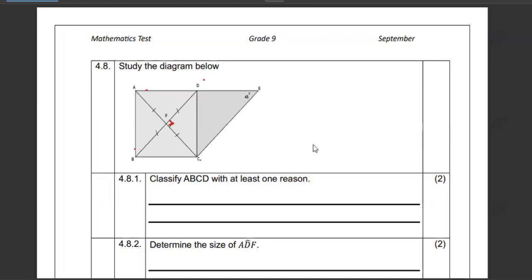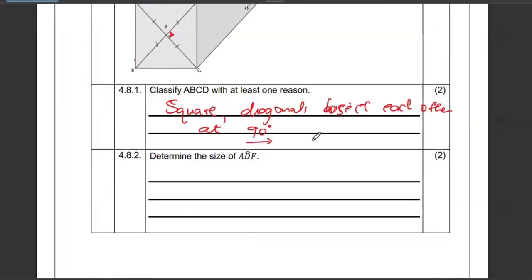So this has to be a square. And one reason is that the diagonals bisect each other at 90 degrees.